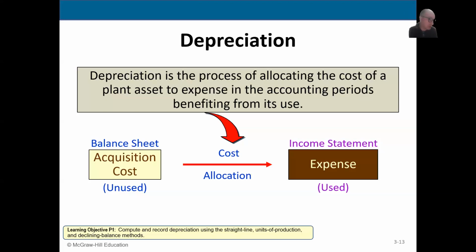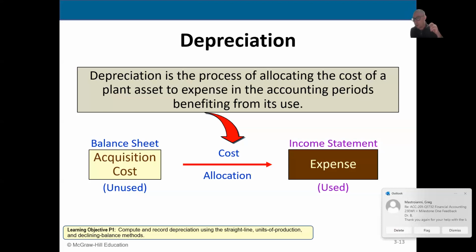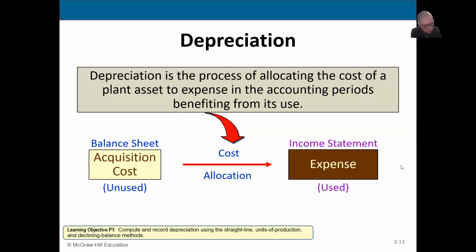On the balance sheet, under assets, as you know, we have current assets and fixed assets, also known as long-term. Under current assets, we have cash, accounts receivable, inventory, etc. Current, within 1 year. Long-term or fixed, we have property, plant, and equipment.